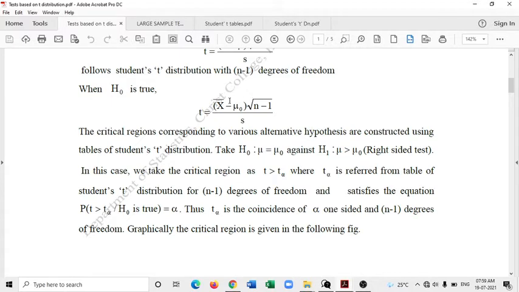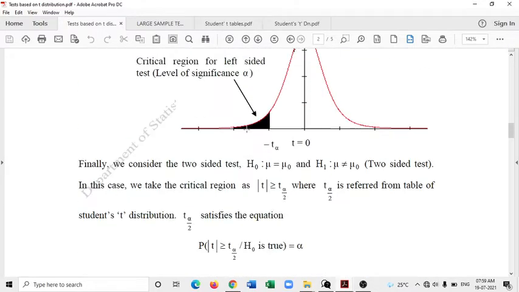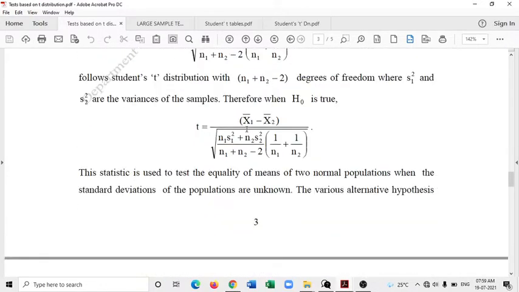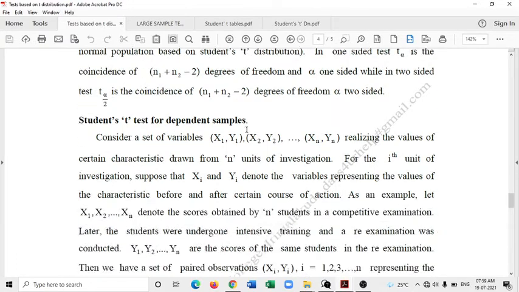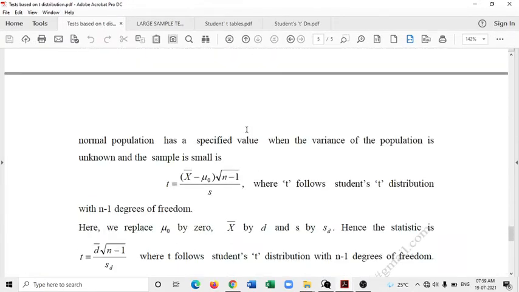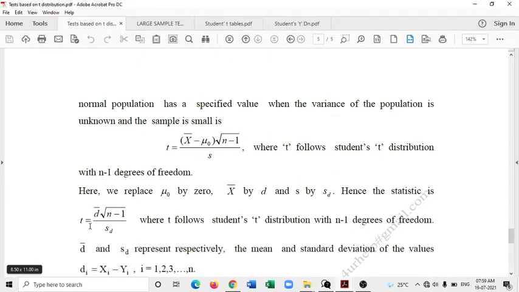Here x bar will be replaced by d bar, mu 0 will be replaced by 0, root n minus 1 is the same, and s will be taken as sd, that is s suffix d. The suffix d is written to show that it is the standard deviation of the differences. Therefore, the test statistic is t is equal to d bar root n minus 1 divided by sd.